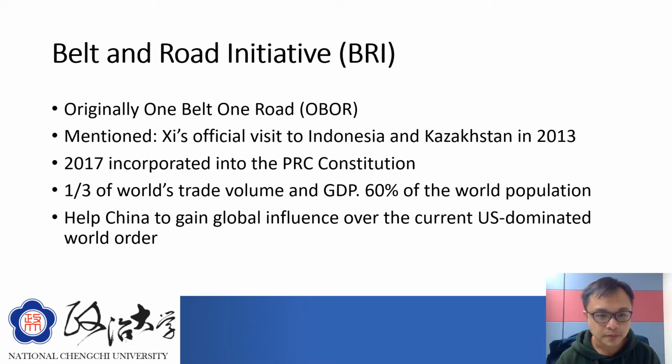It was first mentioned in President Xi Jinping's official visits to Indonesia and Kazakhstan in 2013, but it was not until 2017 that it was incorporated into the PRC's constitution.